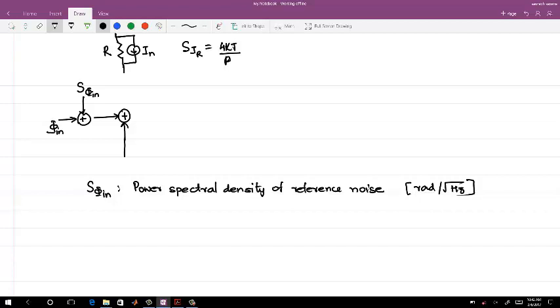I'm finding the noise in terms of phase here. I'm looking at a power spectral density, so the unit should be radian square per hertz.